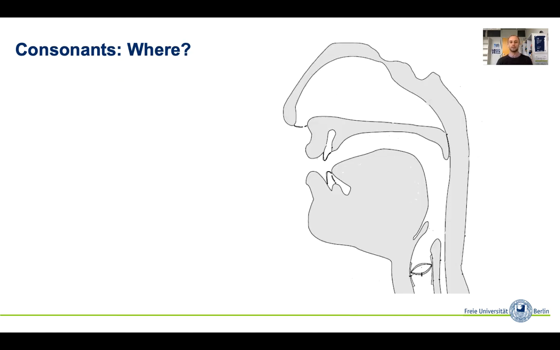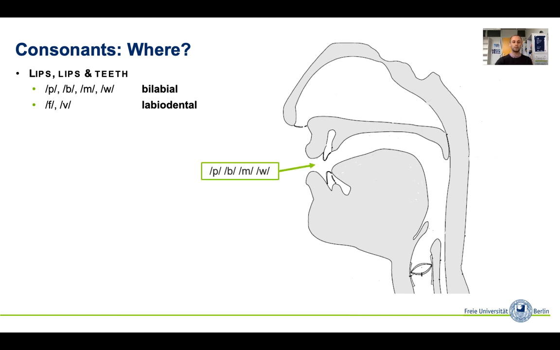Right, so the question of where can be described as follows. Either we use the lips or lips and teeth in order to produce an obstruction, and in that case we have either bilabial or labiodental consonants. Bilabial are produced by using both lips.